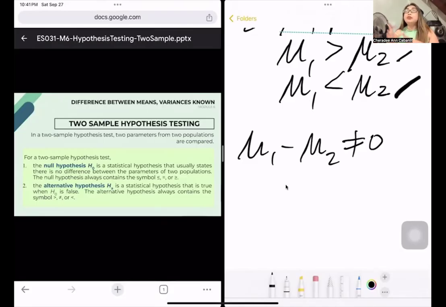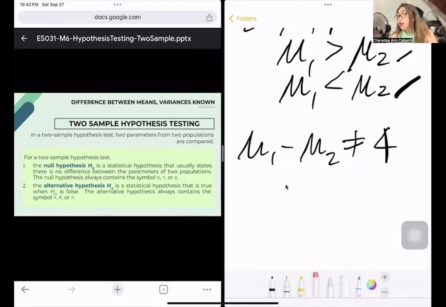However, there will be problems that dictate that the difference of the population means is 3 or 4, so you have to write those values here. If the statement of the problem says the difference of the two means is 4, then your null hypothesis and alternative hypothesis should also look like this.